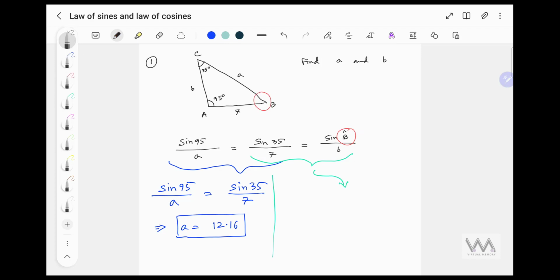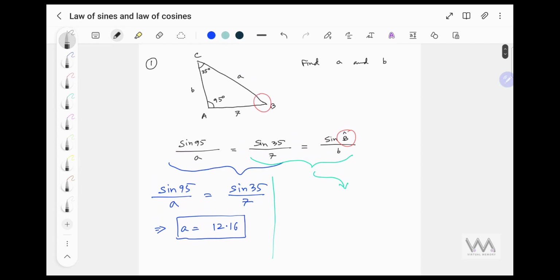We know the total sum of angles in a triangle is 180, so to find angle B, we subtract from 180: 180 minus 35 plus 95, and this gives us 50 degrees for this angle right here. This is 50 degrees.